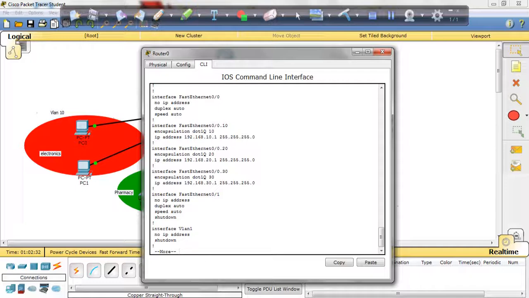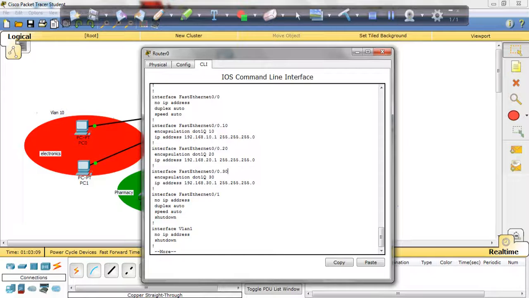I've used that 0/0 to split the interface into three sub-interfaces. So we got .10 right here, .20, and .30. So what we've done, we just took this one interface and split it three times. We even assigned IP addresses to each sub-interface. Now these are virtual, but they'll function just the same as the actual physical.